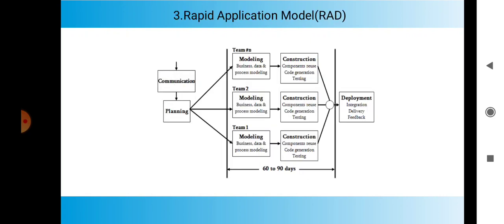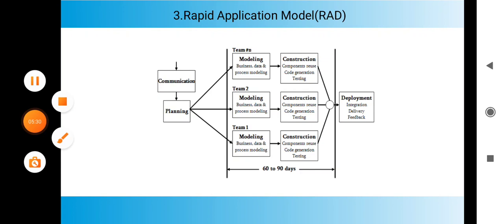Then the next model is the RAD model. RAD means Rapid Application Development. The RAD model was first proposed by IBM in the 1980s and later was introduced to the software community by James Martin through his book Rapid Application Development.